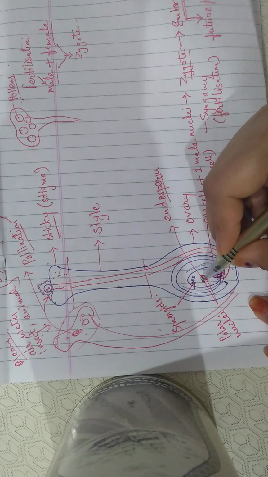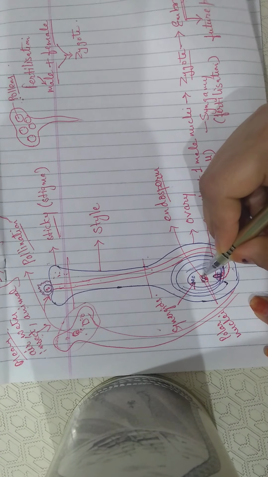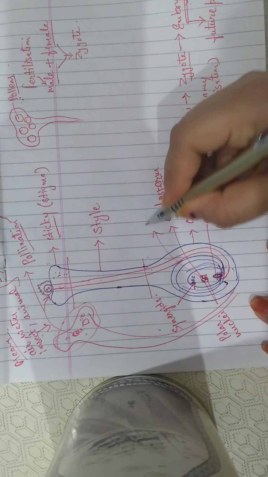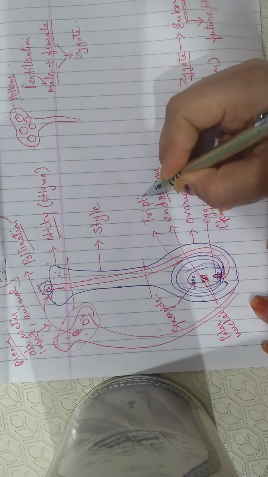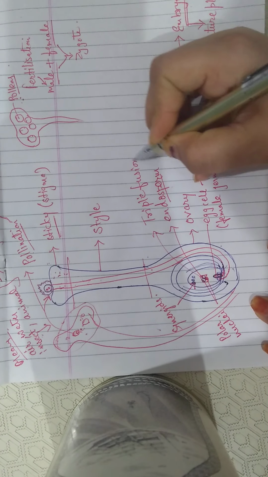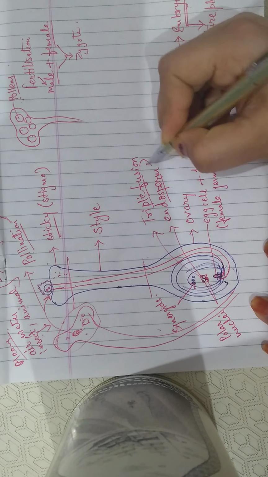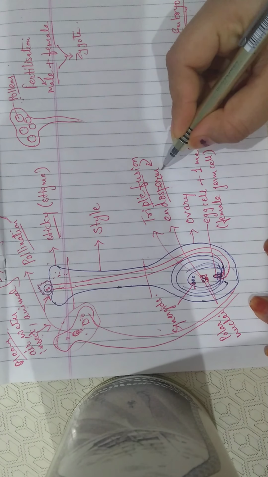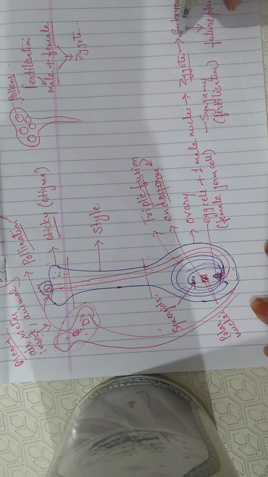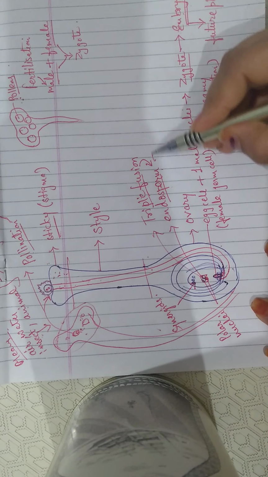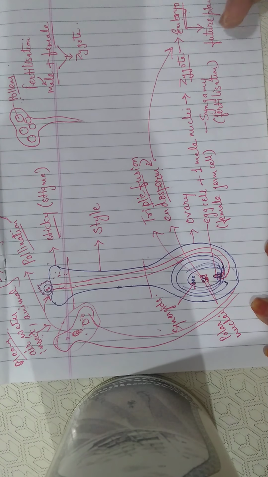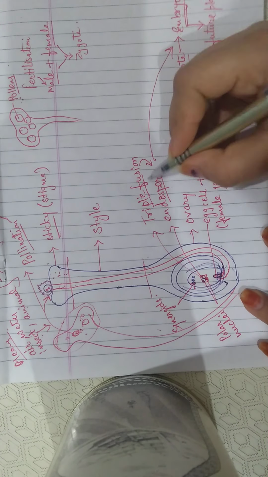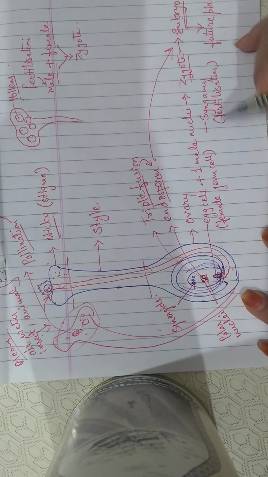This process of fusion of three cells, two polar nuclei and one male gamete, is known as triple fusion. As a result of this triple fusion we get the endosperm. This endosperm stores food for the nourishment of the embryo. Done. Now this is triple fusion and this one is syngamy.